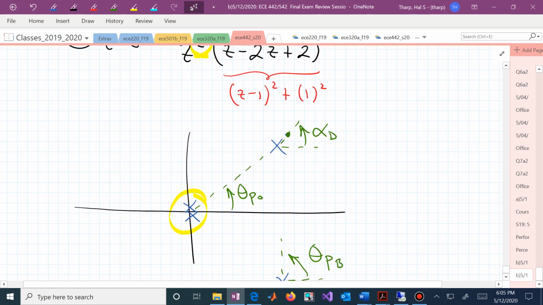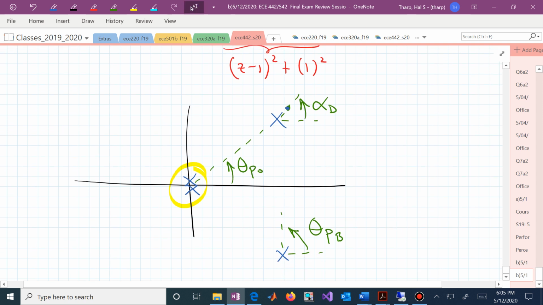So we're going to have 2 angles. We'll have 2 theta sub p sub 0. We'll have an angle theta p bottom, I'm calling it, and we have the angle due to the pole that's departing, or the root locus branch is departing from that upper pole.